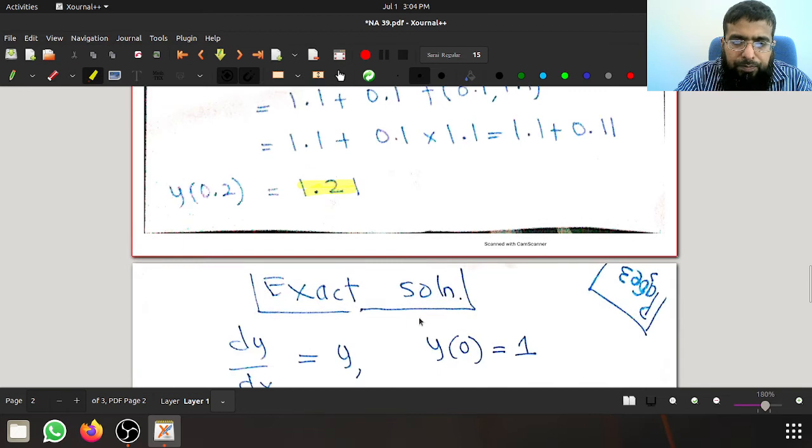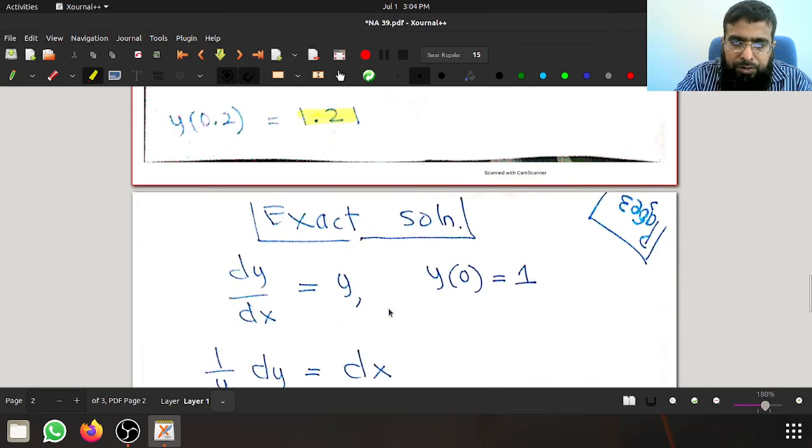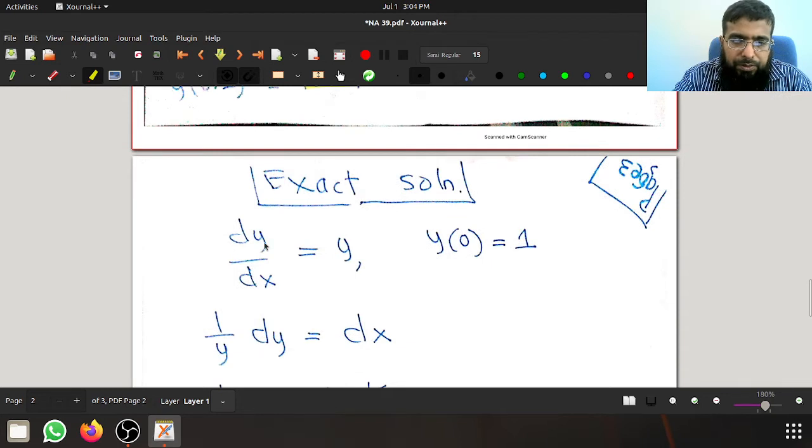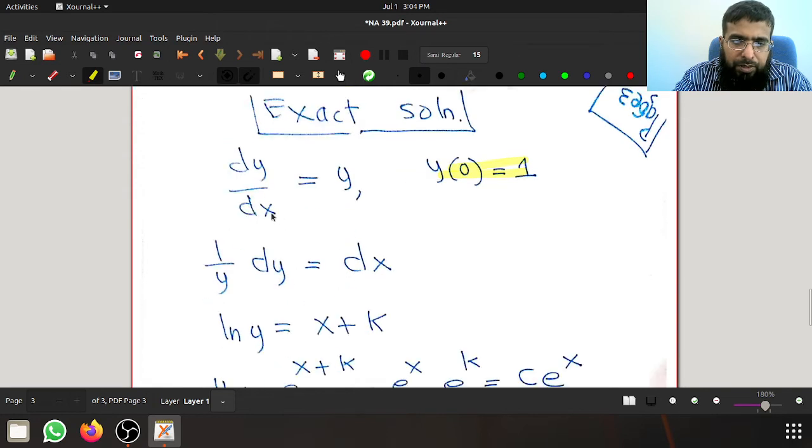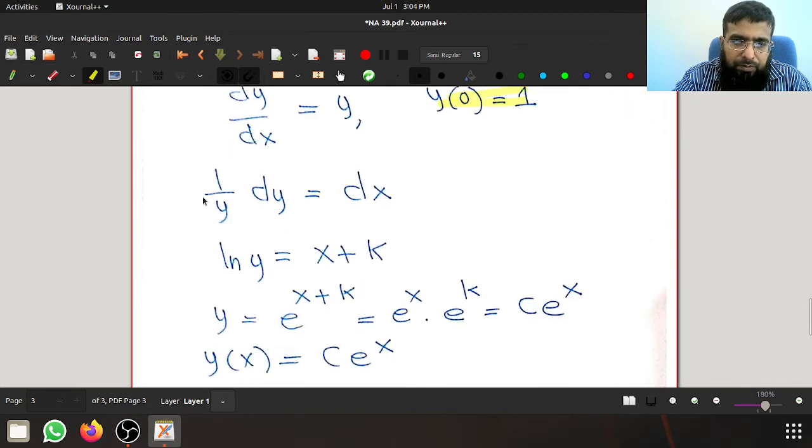So let's see the result that we get using the exact solution, using the method we studied in the differential equations course last semester. So we proceed, and y of 0 is given to be 1, dy by dx is y, so if we take y here it becomes 1 over y, take dx here it becomes dx, and then we compute the integral on both sides.